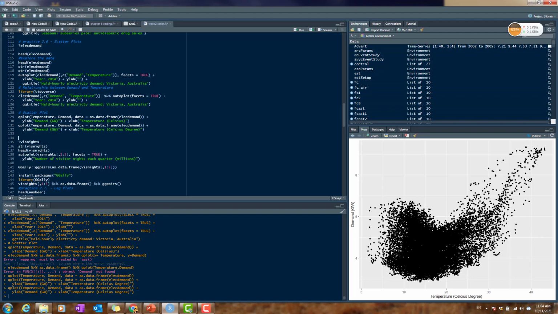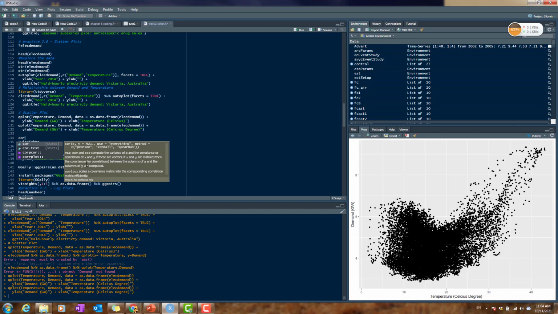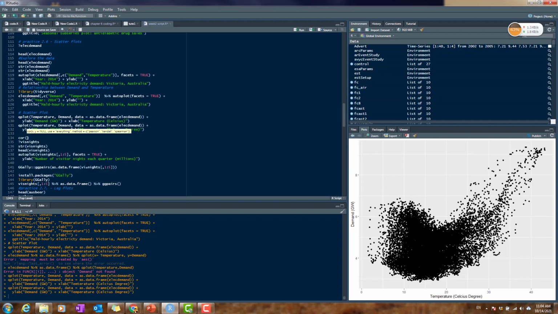So I would not stop there. I want to see more than that, and actually, you can do it with the correlation between both of them, including the electricity demand. Then you plug in the data for the temperature.